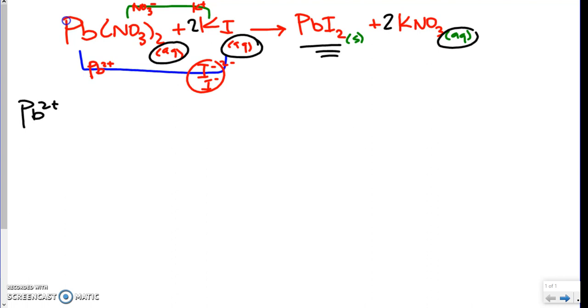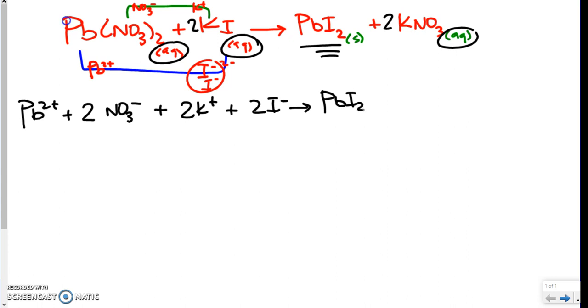So the lead(II) ion is separate from two different nitrate ions, and then we have the 2 potassiums because of the 2 in front there, and the 2 distributes through, and we have 2 iodides. We're going to write the lead(II) iodide as one thing because it's a solid, it stays stuck together, but the potassium nitrate is aqueous, which means that the ions are separate from each other.